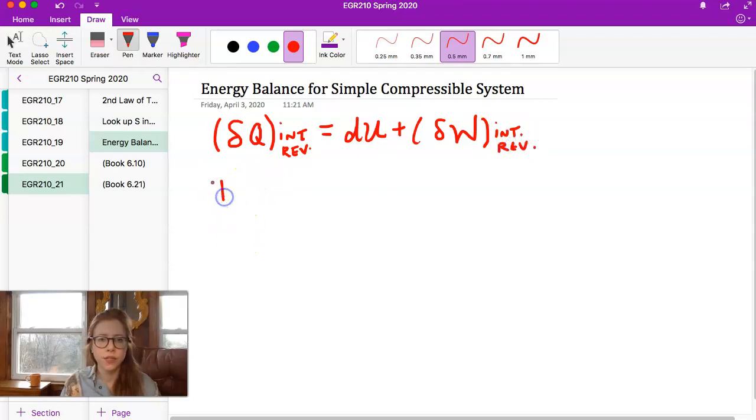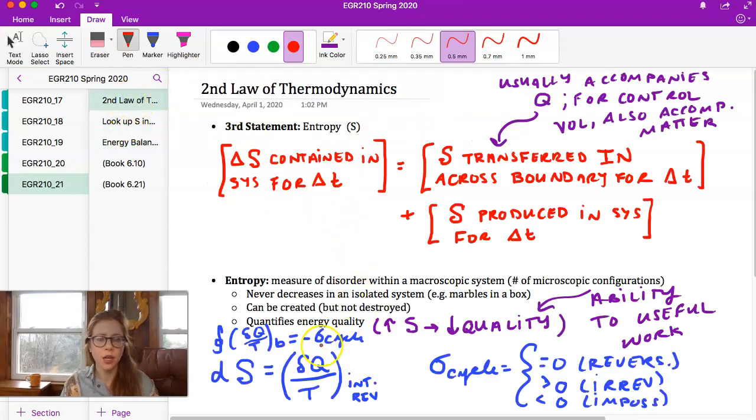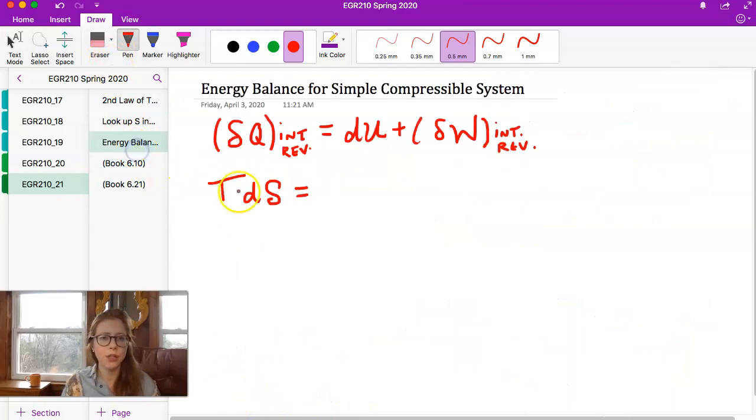T dS is going to be equal to this del Q for an internally reversible process, because if you remember from our definition previously, dS is equal to del Q over T, so we're just multiplying both sides by T. So T dS is going to be equal to dU plus P dV.